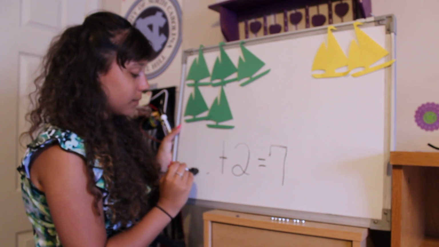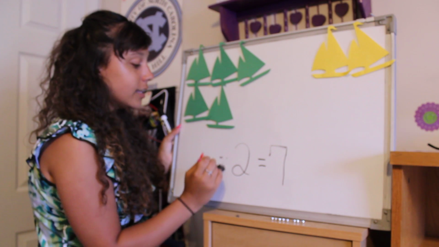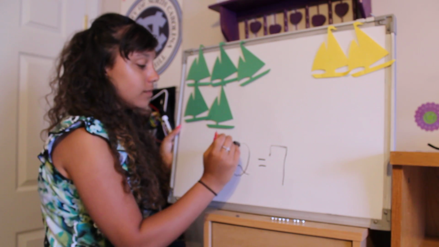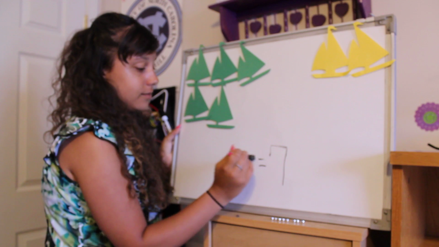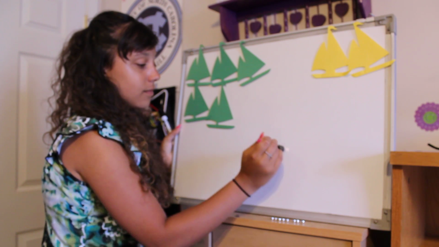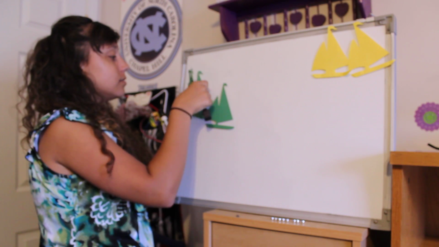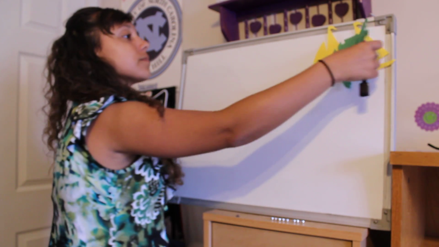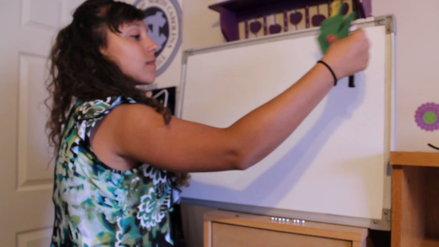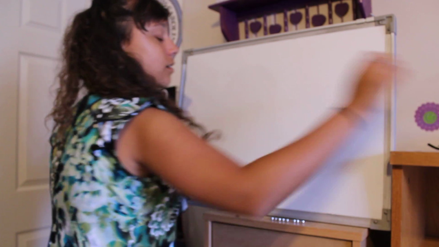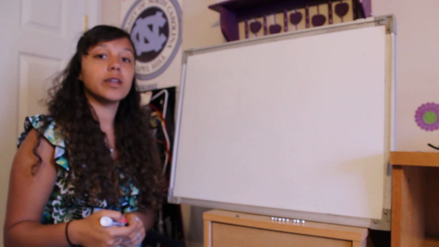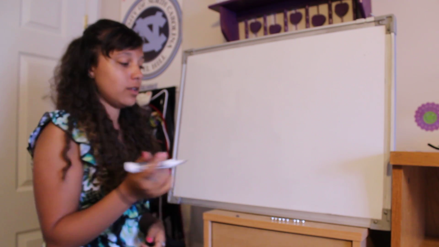Now, if you don't like drawing pictures or using pictures, let's try another strategy. Let's use a number line. Now, let's just draw our number line 1 to 10, but you can number it however you want.